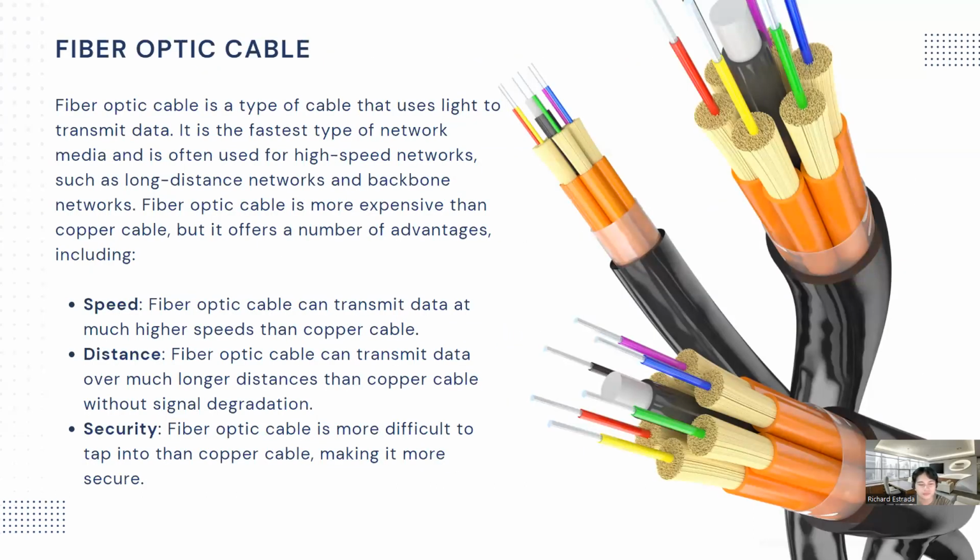For the speed, fiber optic cable can transmit data at much higher speeds than copper cable. For distance, fiber optic cable can transmit data over much longer distances than copper cable without signal degradation. And for security, fiber optic cable is more difficult to tap into than copper cable, making it more secure.